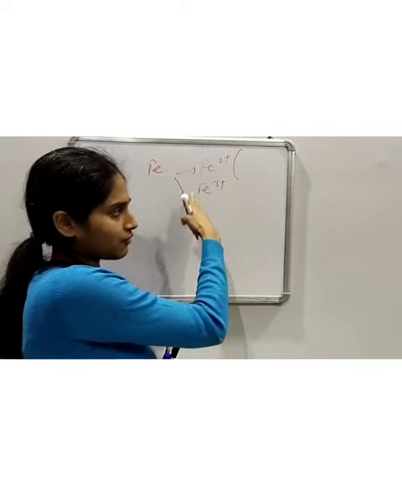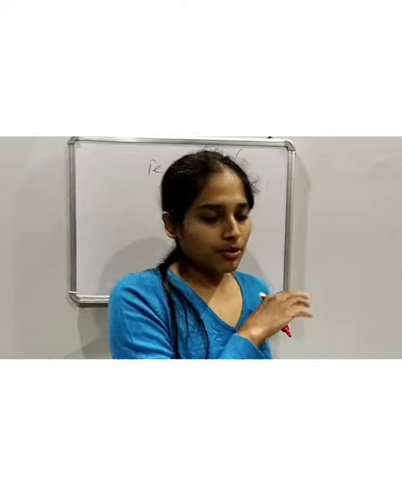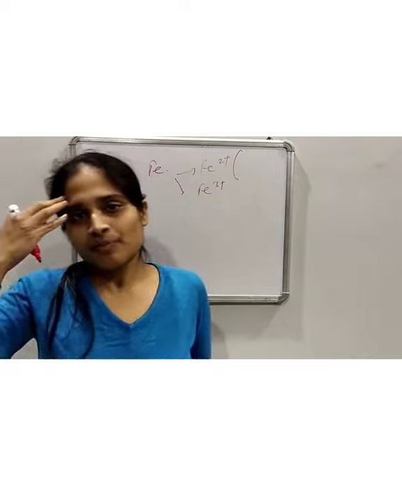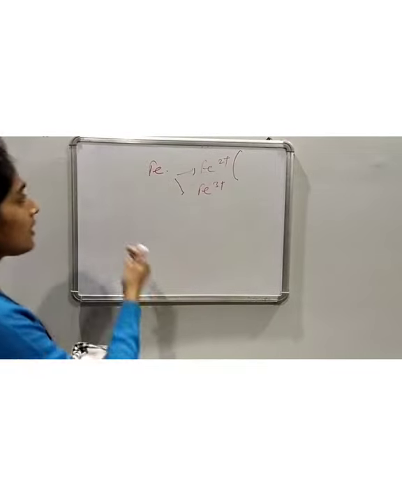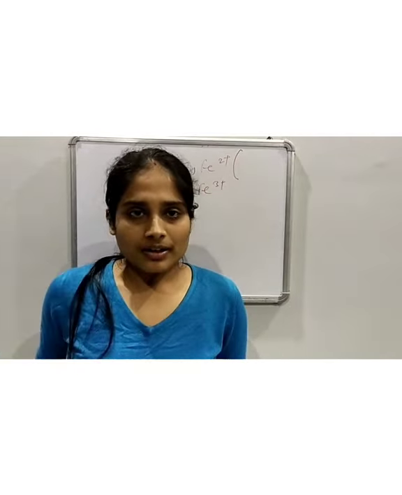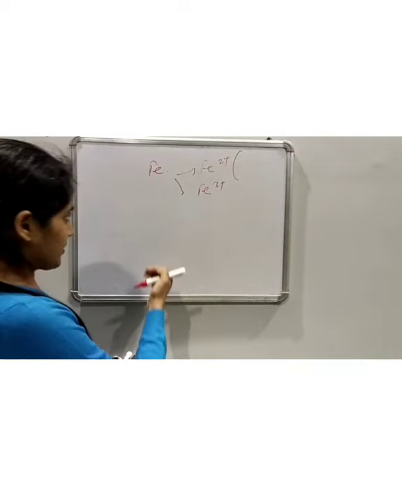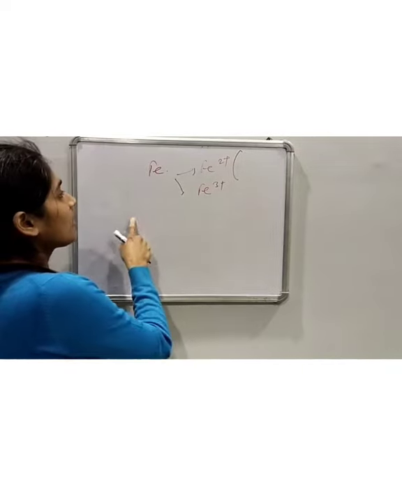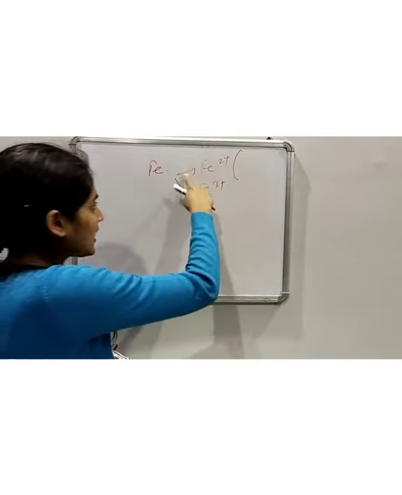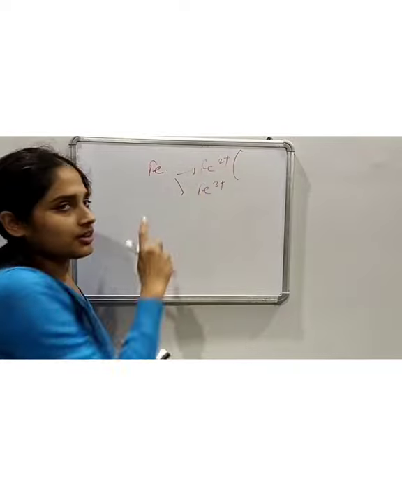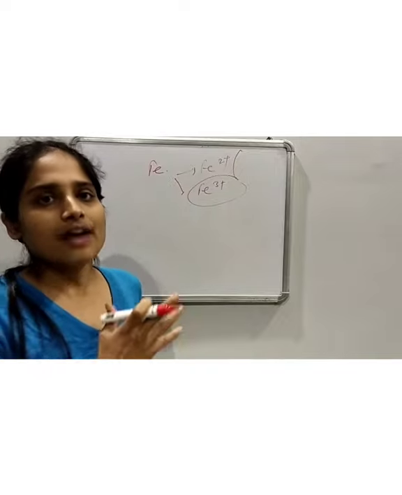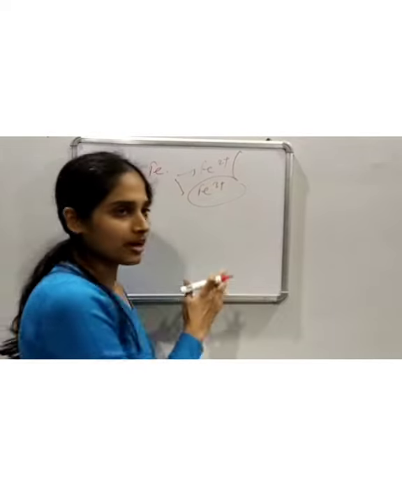And then the function: you must have studied in your lower classes that the function of hemoglobin is to transport oxygen to the different parts of the body. Hemoglobin where iron is in the Fe2+ form will bind to oxygen. If it exists in Fe3+, then that hemoglobin does not have the affinity for oxygen and won't be able to bind to it.